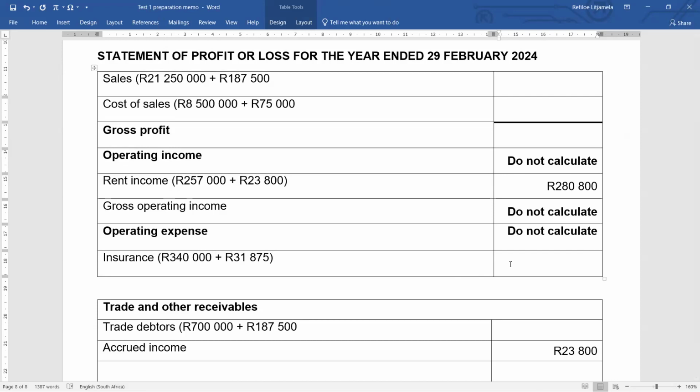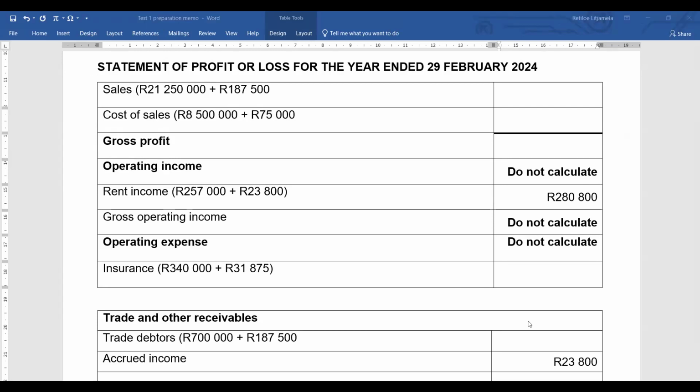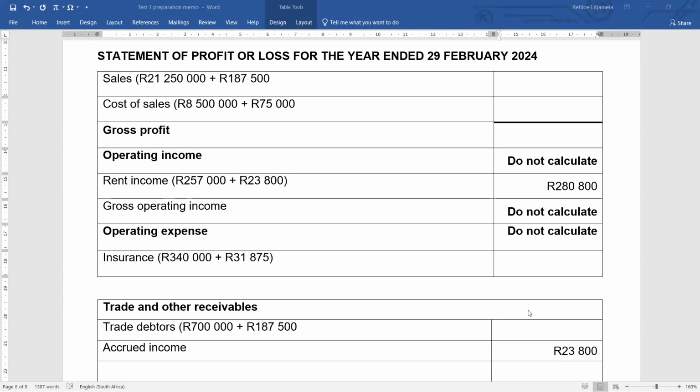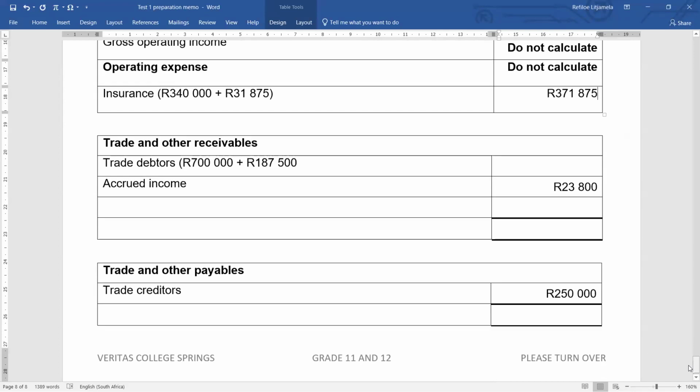This will give us our insurance expense of 371,875. As I've said, that 31,875 we are going to record here. Well, we actually have recorded it already.